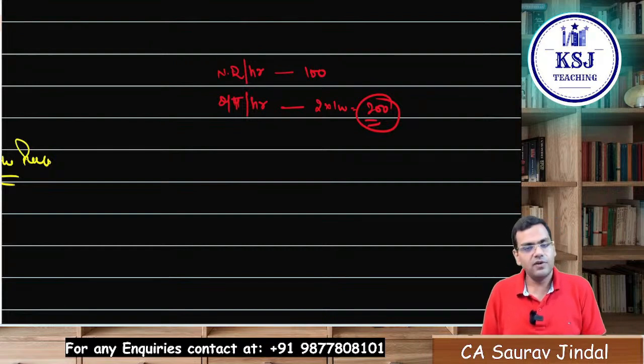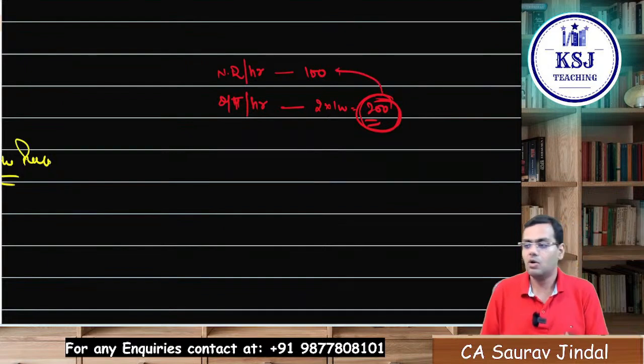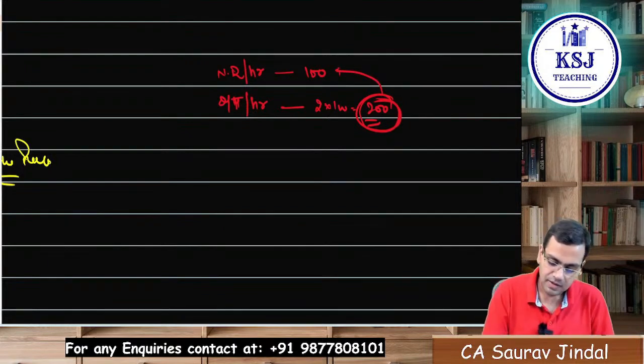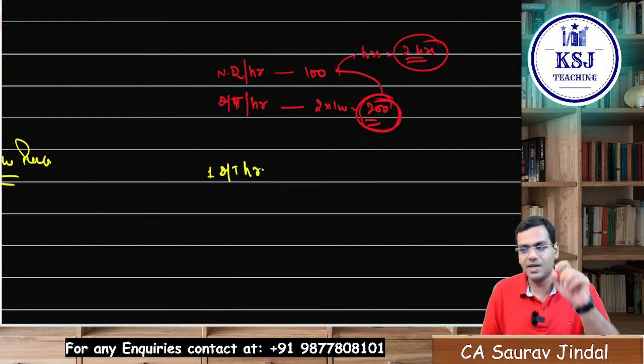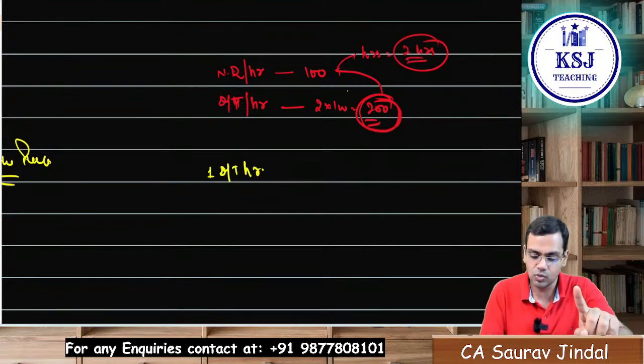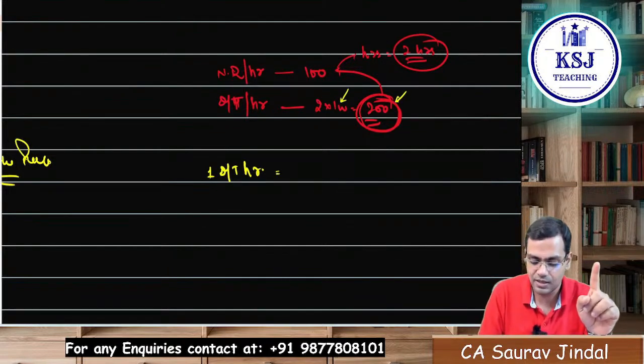Now if you want to earn this 200 rupees from normal wages only, how many hours will be required? 2 hours will be required. So the earnings you make in 1 overtime hour, that is 200, you can make in 2 normal hours.